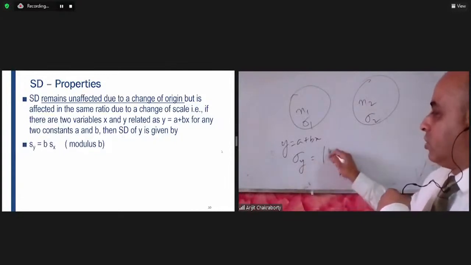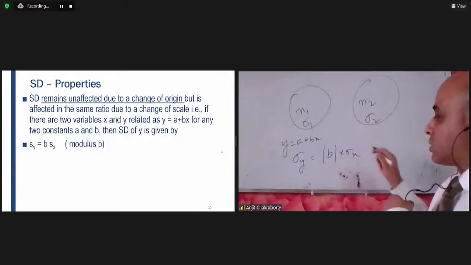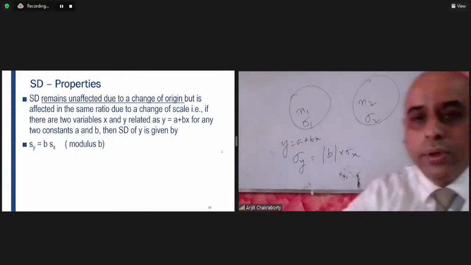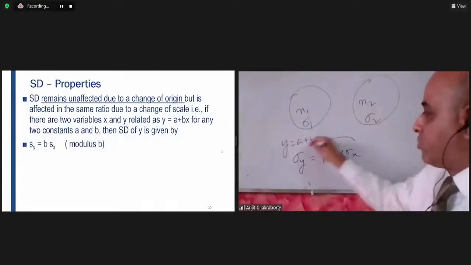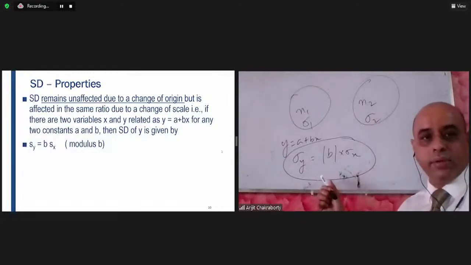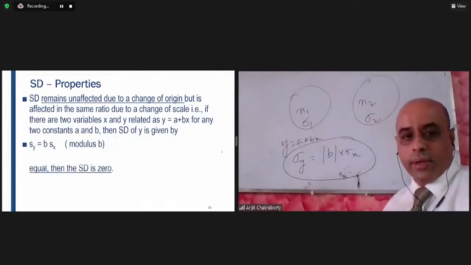Sigma y will be equal to modulus b into sigma x. This is a very important relation which you need to remember for solving problems, and quite a number of problems are coming on this formula.